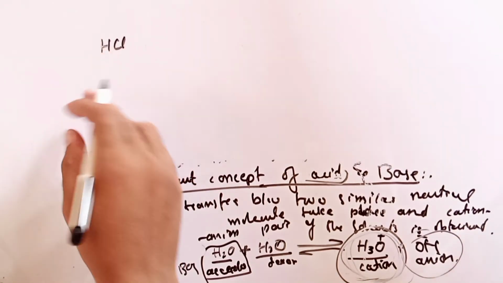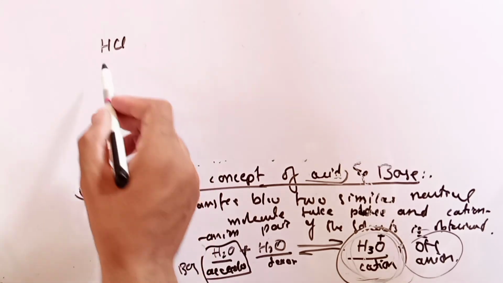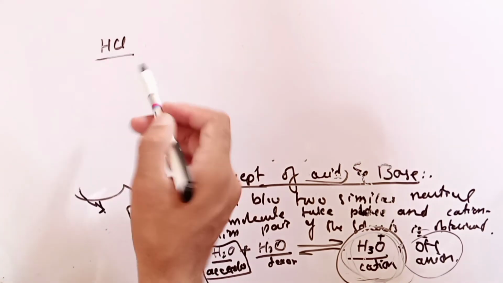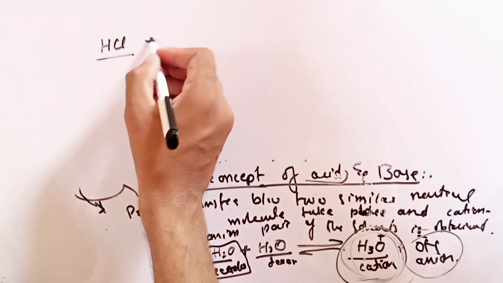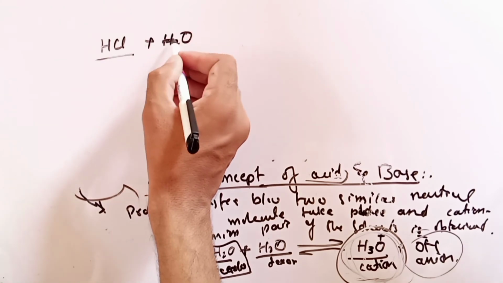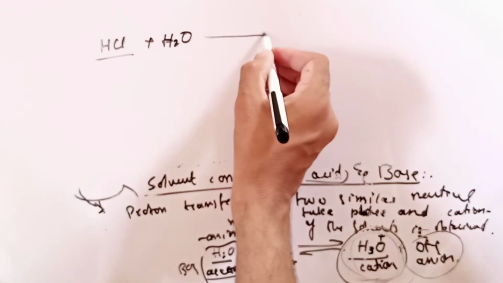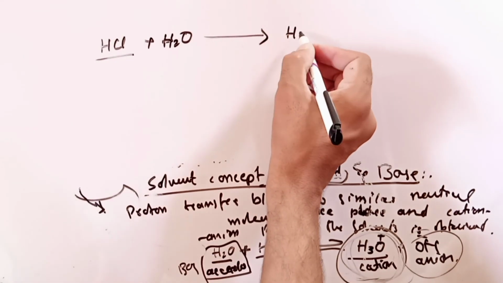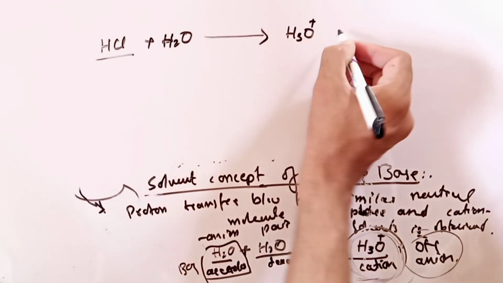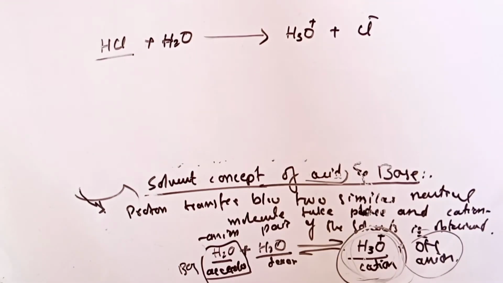HCl. First of all, let's assume that we don't know whether HCl is an acid or a base. When you add HCl to water, it will produce H3O+ and Cl−.